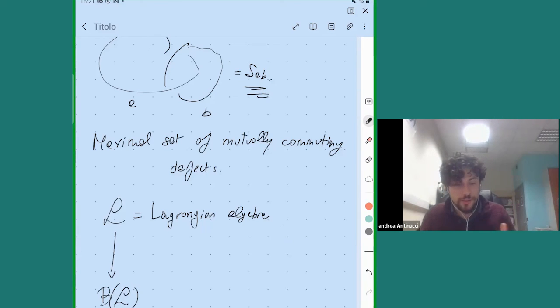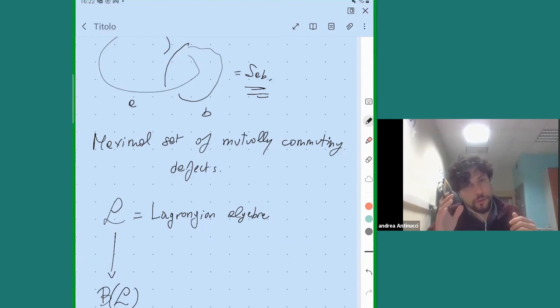If you gauge it, these defects will become trivial. But since all the other defects braid non-trivially with those inside the Lagrangian algebra, they are charged in a certain sense with respect to those inside L. So they are not gauge invariant, and you have to throw them out. So in the piece of your space where you gauge the Lagrangian algebra, the theory becomes trivial.